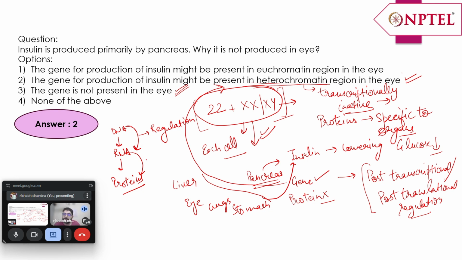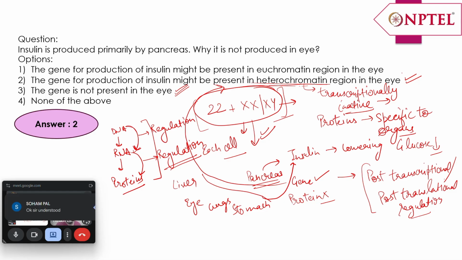Similarly, if the cell doesn't need a particular protein but needs the RNA of that protein, then regulation is present in this step also. This is how a cell maintains these regulations so that they can regulate the expression levels in that particular organ. And this is also the case with the heterochromatin region genes. Okay, so this is the case, if I am able to explain.